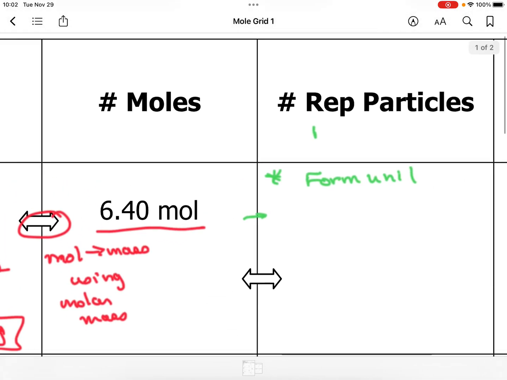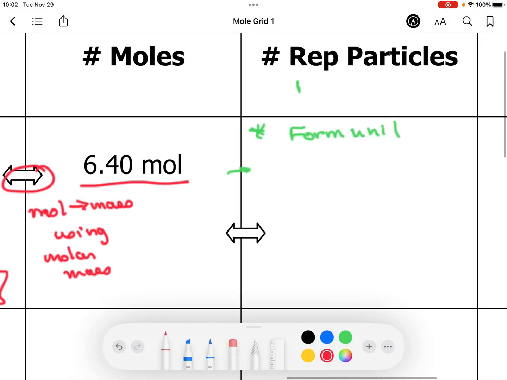Next, we're going to convert to formula units, our representative particles. And here we will do this by converting moles to representative particles using Avogadro's number.